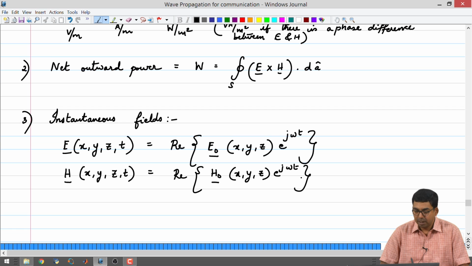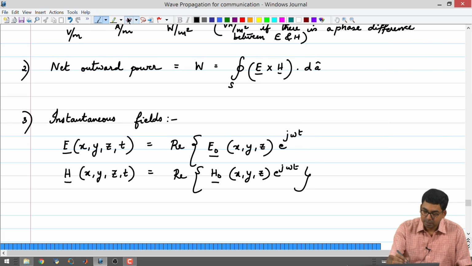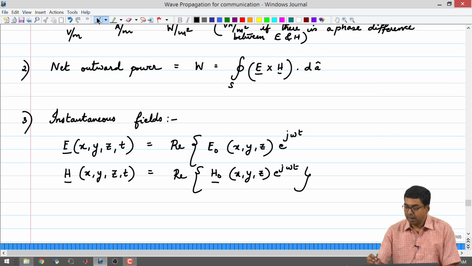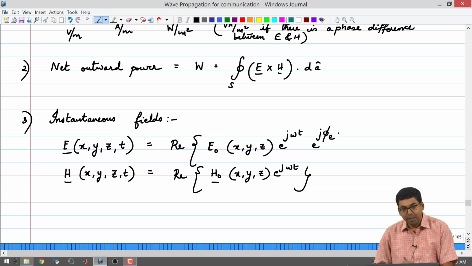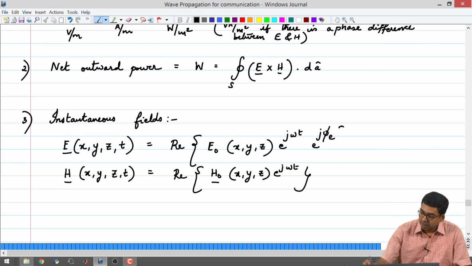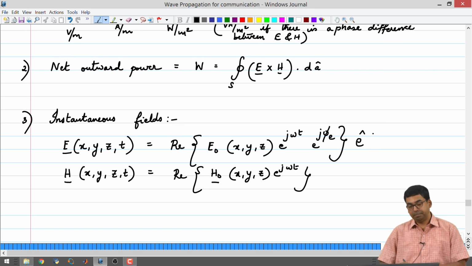So, we can now take a case where I will say that the electric field with respect to a reference has a phase phi e, and the unit vector is given by E hat.